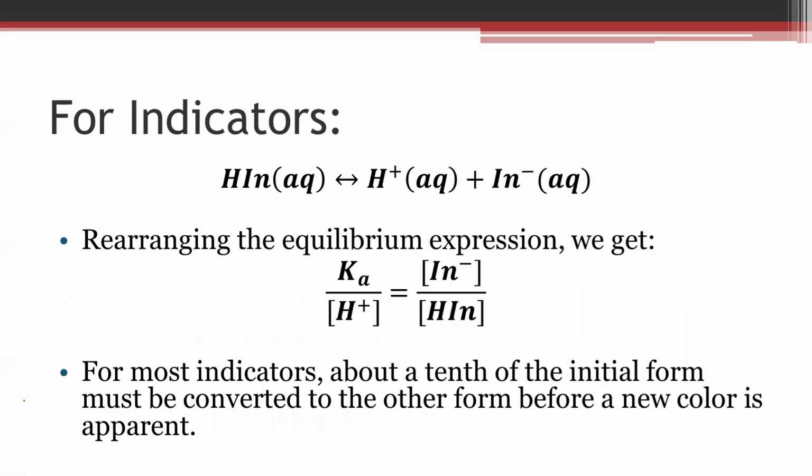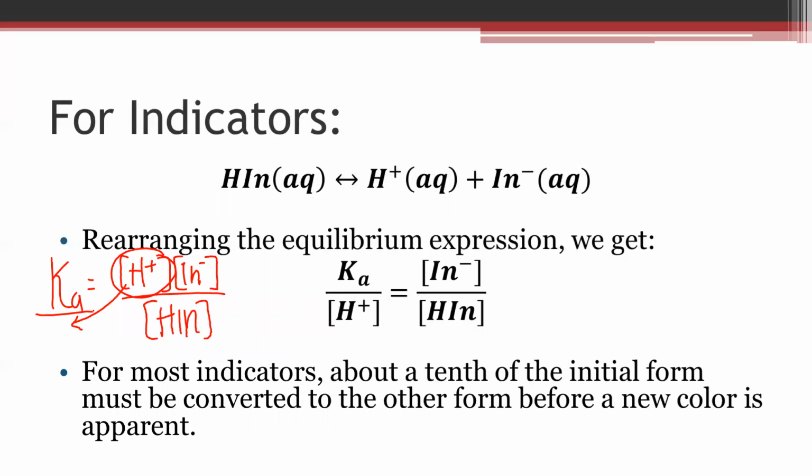We've been doing them for a while, but so the Ka is equal to the H+ times the anion, the In-, over the HIn. Okay, so what I did was I just rearranged and I moved the hydrogen ion, the proton concentration, to the denominator.